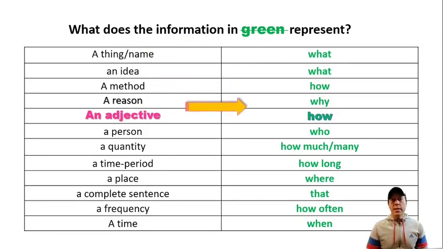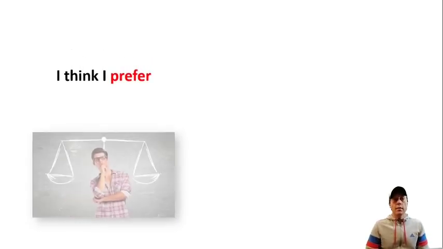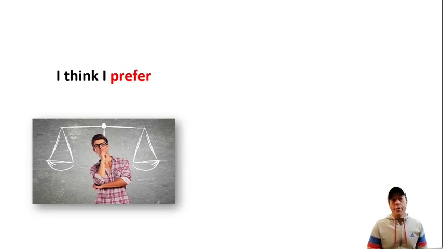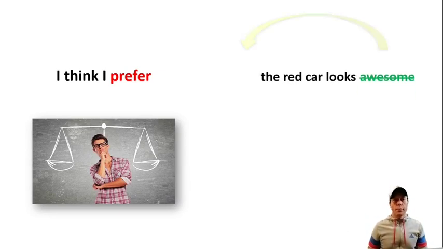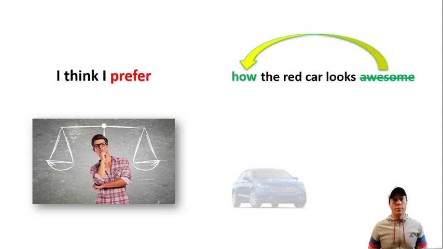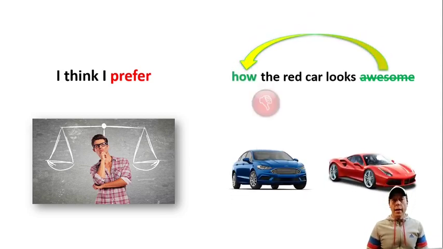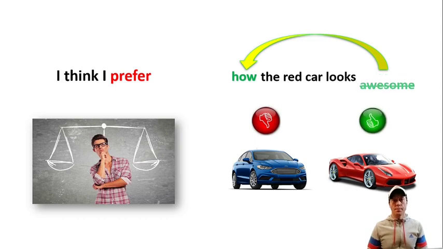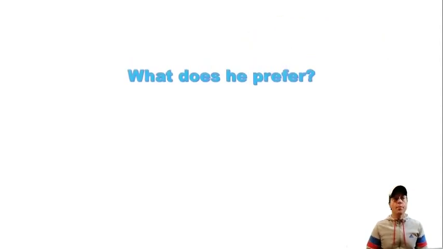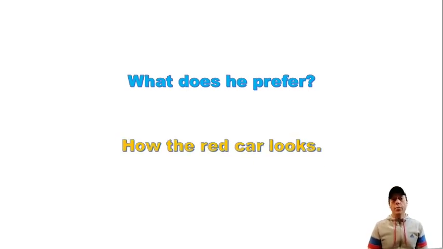The green represents an adjective. Therefore, we're going to use how to substitute. And it looks like this. I think I prefer how the red car looks. And the question, what does he prefer? How the red car looks is the answer.